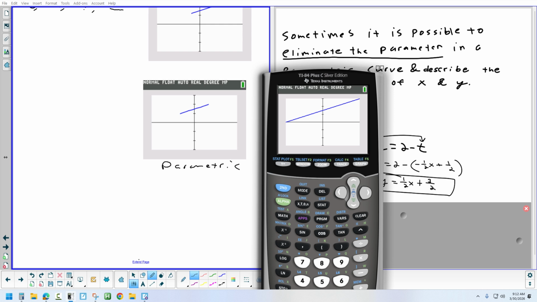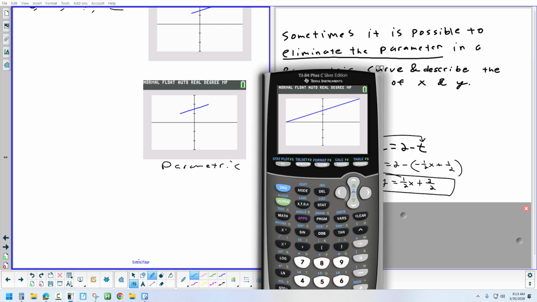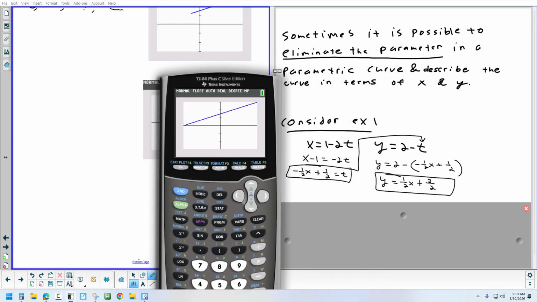Okay, those two graphs are not identical. Right? The section here does match up with a section on this one, but we have to make sure that going beyond those endpoints doesn't happen. So what do we have to do with this graph to indicate we don't want it to go on forever? What do you think we have to do?